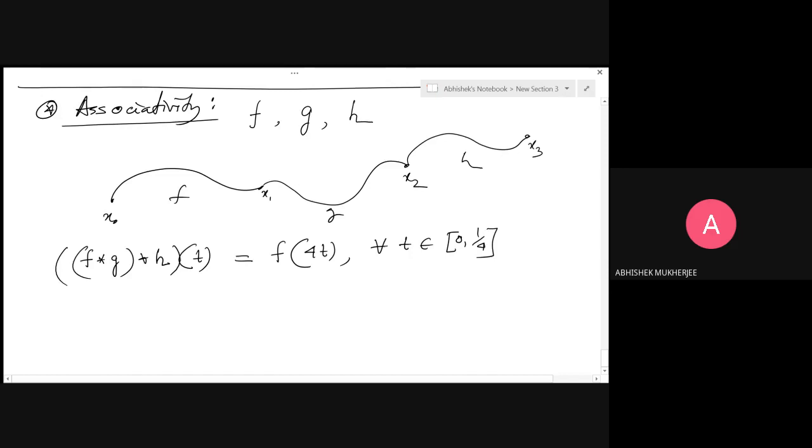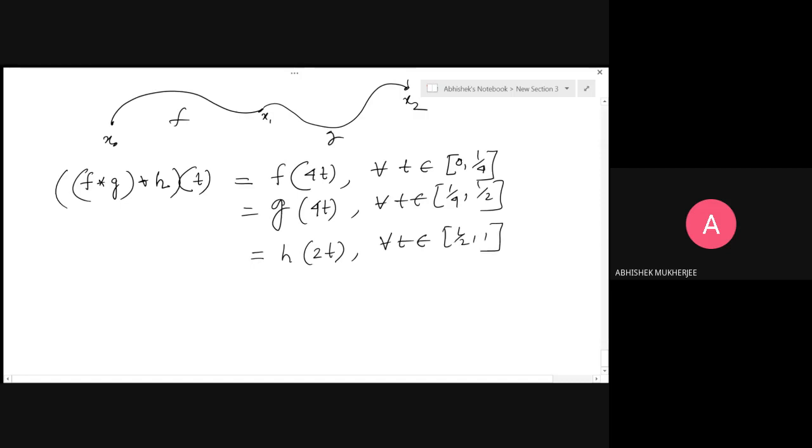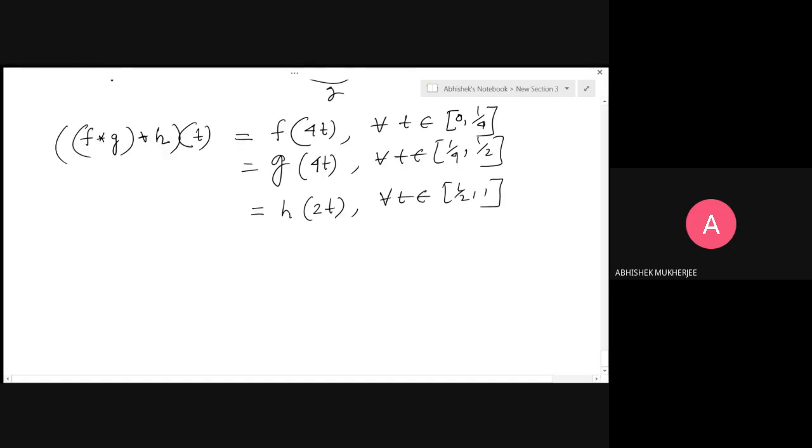That is, we divide the interval again, and then it is g of 4t for all t belonging to 1 by 4 to half, and the last one is h of 2t for all t belonging to half, 1. This is the definition of the product of f, g, h.